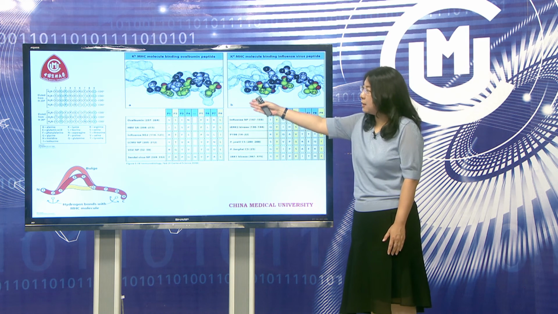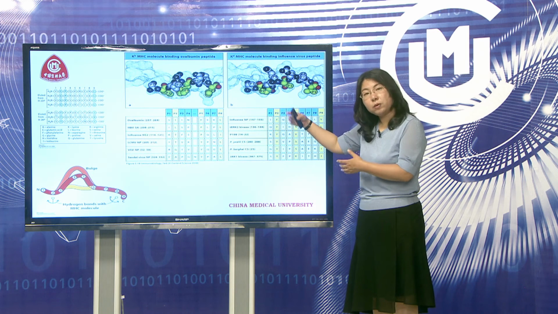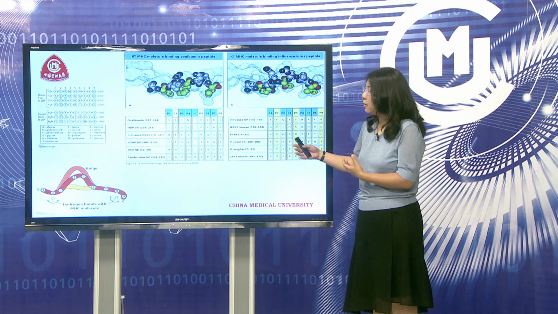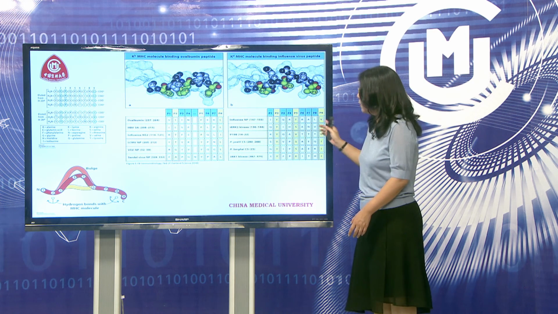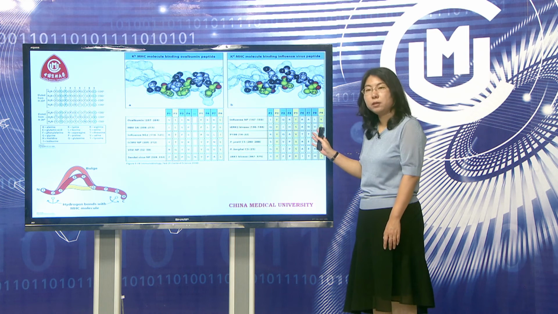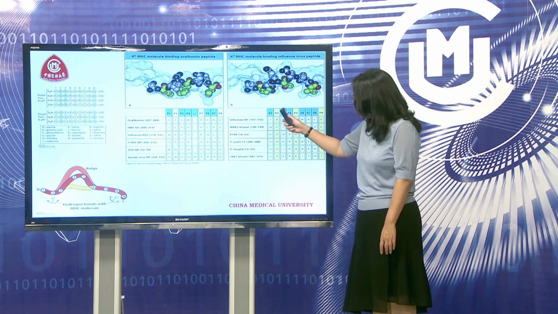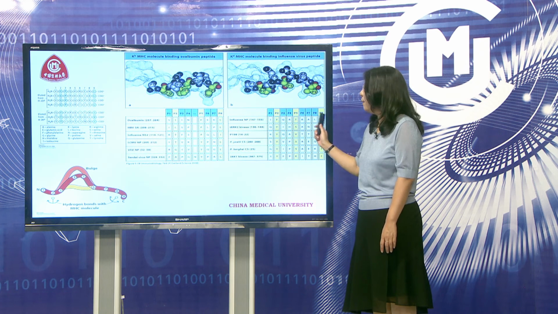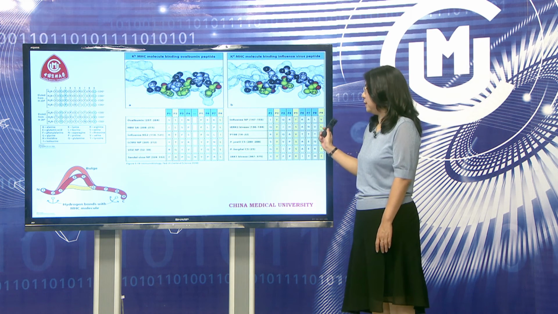This peptide has some anchor residues. What is an anchor residue? It is an amino acid. That means we have different peptides from the foreign things, from viruses or from bacteria, and the class 1 molecule presents 8 to 10 amino acids. Here, the example is 9 amino acids.